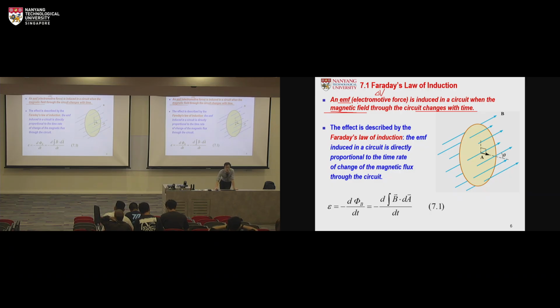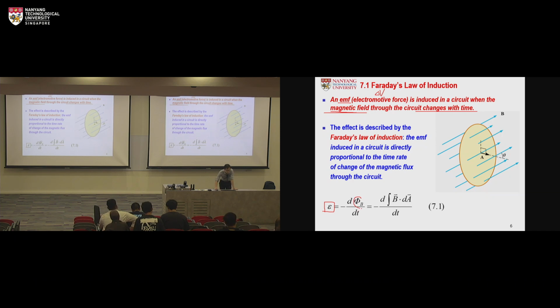So this is the electromotive force, and it is non-zero when you have this kind of time-varying magnetic field. If you put this in a formula, the so-called EMF is typically written with this symbol epsilon, epsilon equals d phi b over dt.